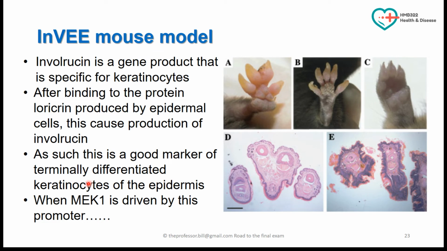No other cell type has this. Melanocytes don't have this. Hepatocytes, no other cell type, just terminally differentiated keratinocytes have this involucrin molecule, and therefore it has a gene, and this gene undergoes transcriptional regulation by loricrin. So if we just have the promoter, we can drive gene expression in a specific manner. And this is why we put MEC1 under the control of this involucrin promoter.